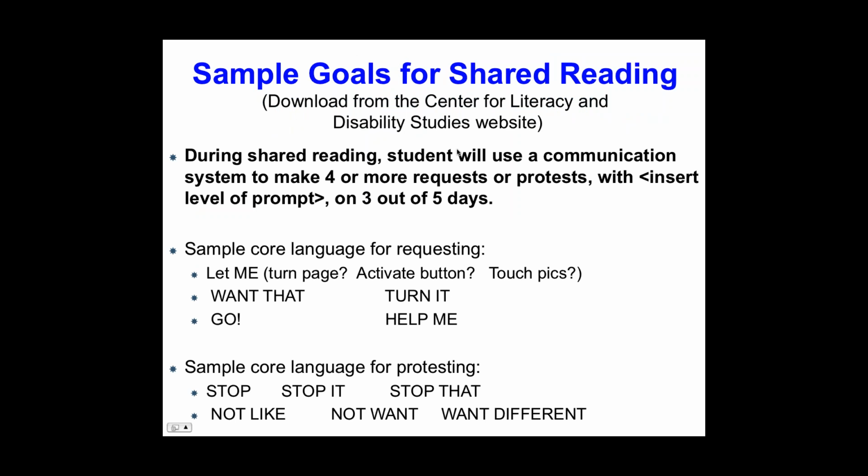Sample goals for shared reading. Now, this is from the Center for Literacy and Disability Studies, and I've just taken them one at a time so I can give examples. During shared reading, the student will use a communication system to make 4 or more requests or protests with such and such response level of prompt. So that might be with me using a flashlight or laser light on the device to say, hey, remember, use your device.